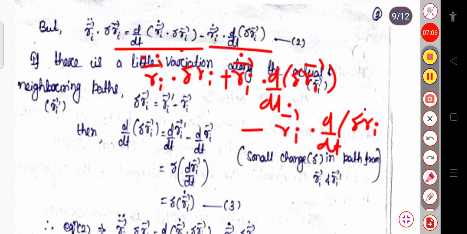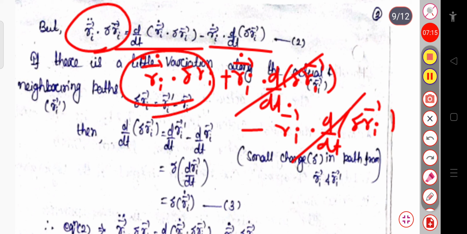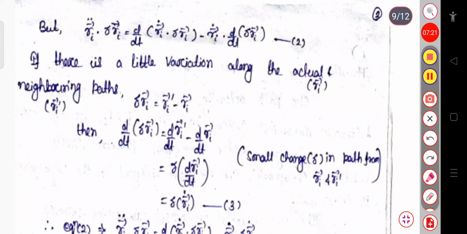These two terms are the same with negative and positive signs, so they cancel. The remaining term will be r_i double dot · δr_i, so we can represent this expression as equation 2.